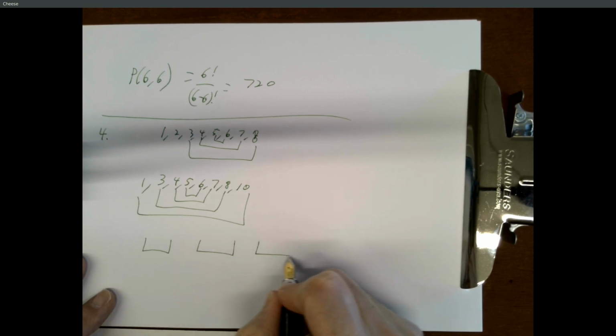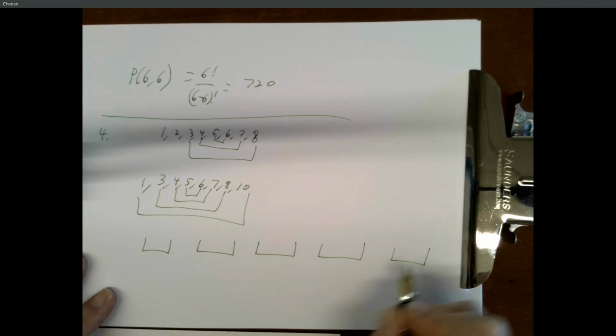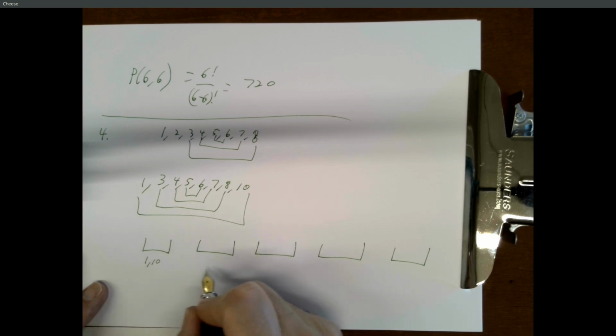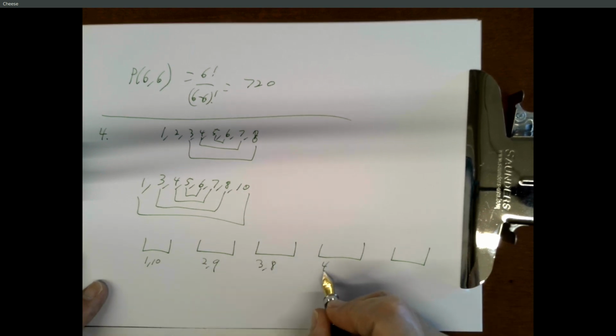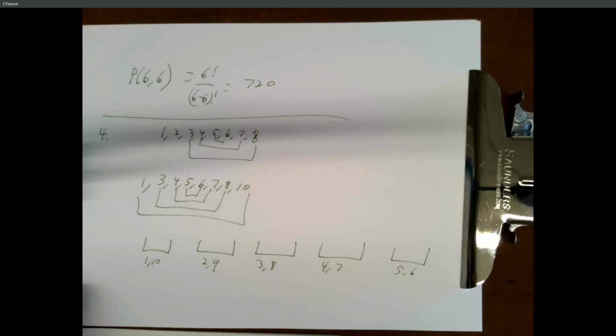So make yourself a set of buckets. We'll have 5 of them. Well, if I pick 5 numbers, I can put numbers into each bucket and have no repeats. But the way I've labeled these buckets is if I have 2 numbers in a bucket, they will add up to 11. Okay?